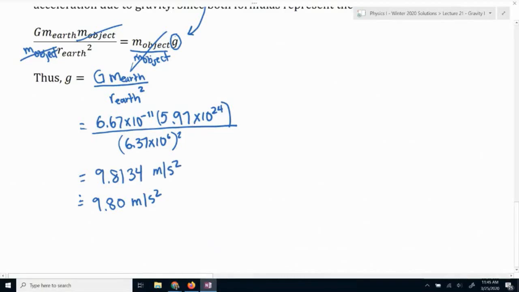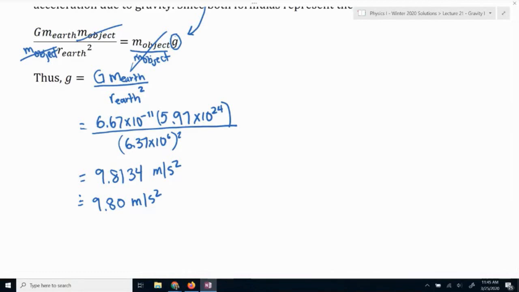Now, of course, the values 6.67, 5.97, and 6.37 are not exactly correct, they're rounded a little bit. And also the Earth is not a perfect sphere, it's a little bit longer in one direction than another. So perhaps this number is a little bit off, but the reason it's so close is because of this formula and these values we're plugging in.